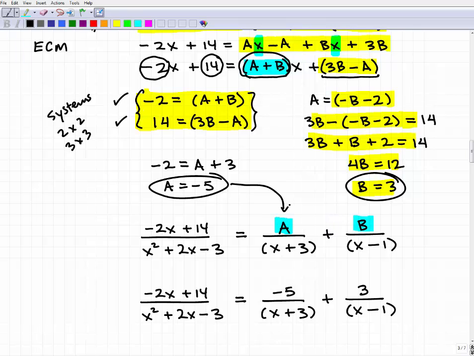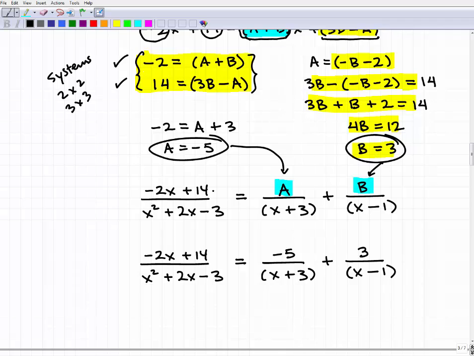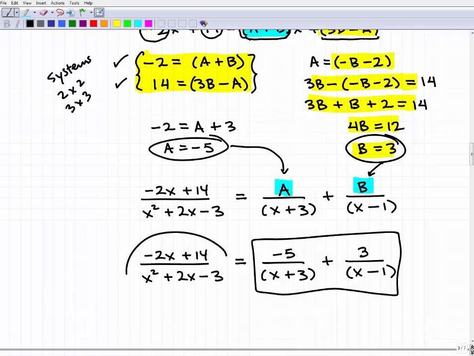So A is negative 5 and B is 3. So what we're going to do is basically rewrite this general form into the actual specific form, replacing the A with negative 5 and B with 3, and this is your answer. Okay, that's it. So if you were to add these two up here, you'd get this rational function.